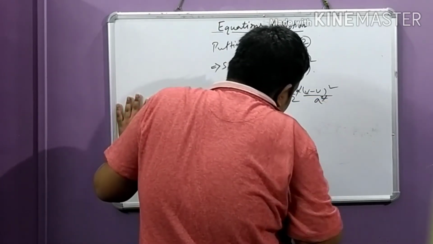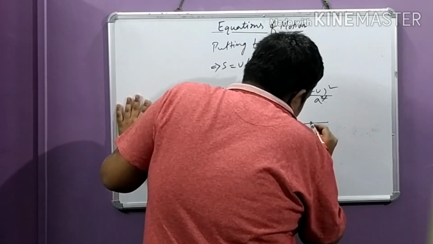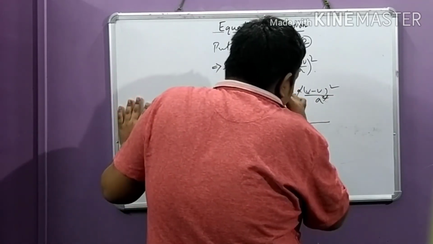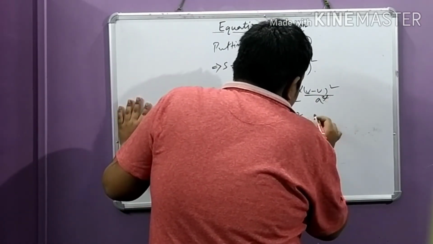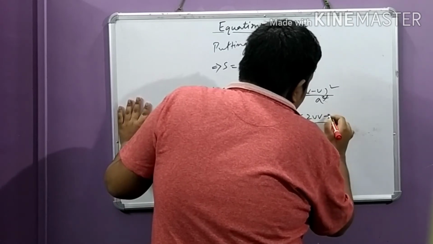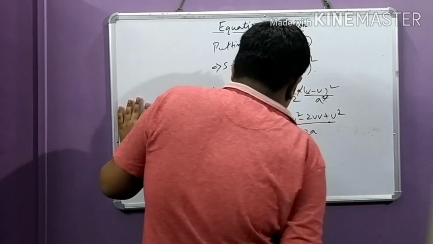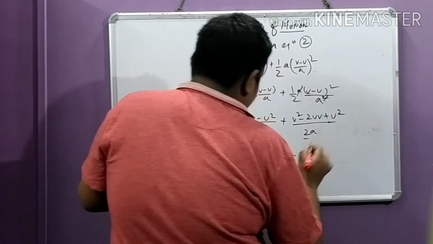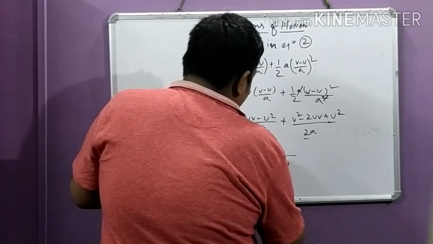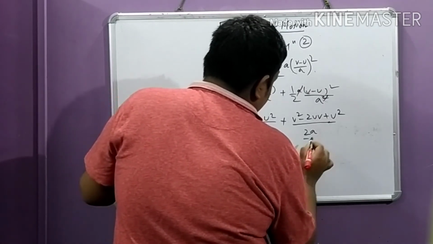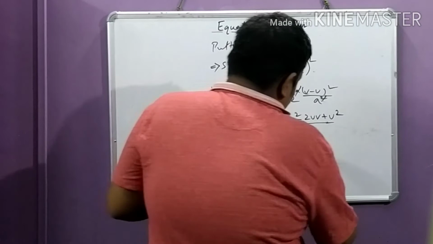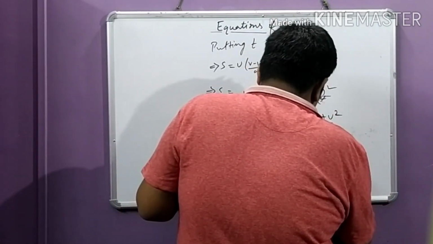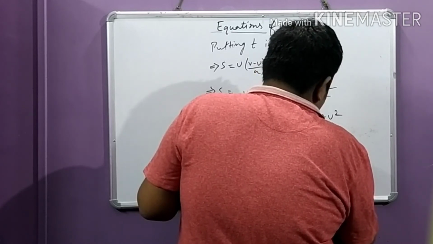One A will get cancelled and one A will remain. So in the denominator it will be 2A, and (V minus U) whole square will open the bracket, V square minus 2UV plus U square. So just we will take the LCM of A and 2A, it will be obviously 2A. So A 2 times, so 2UV minus 2U square plus, 2A into 2A will go 1 time, so it will be as it is, V square minus 2UV plus U square.